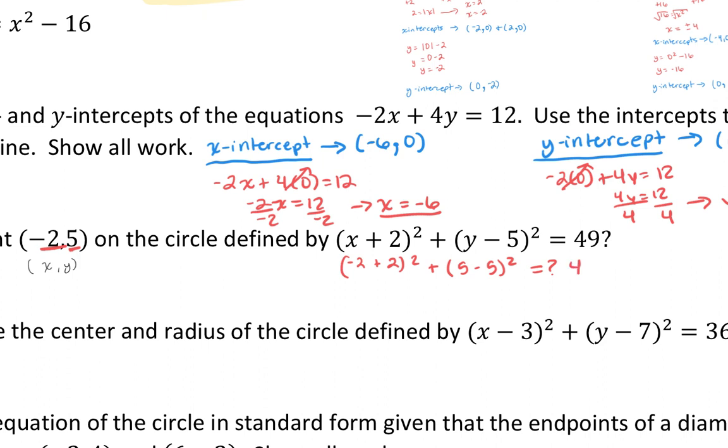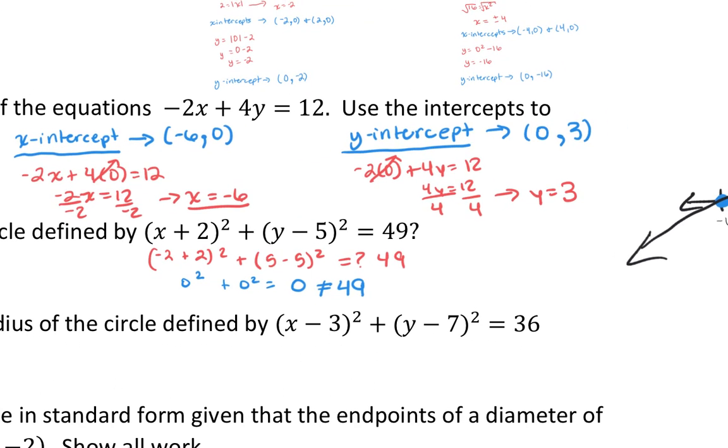Does that equal 49? Let's check the math. So this would be negative 2 plus 2, which is 0 squared, plus 5 minus 5, which is also 0 squared. So that gives us 0, which is not equal to 49, which means this point is not on our circle.